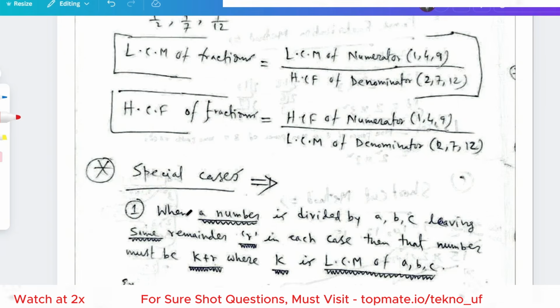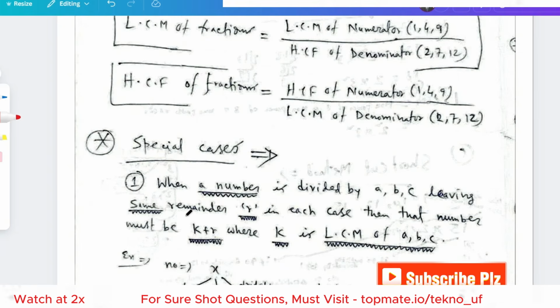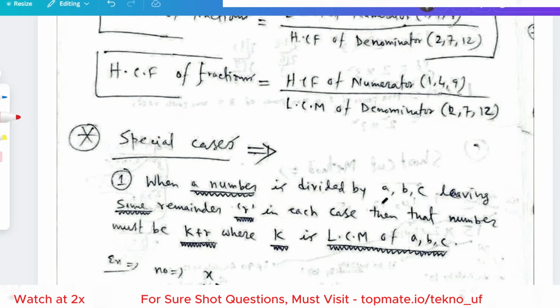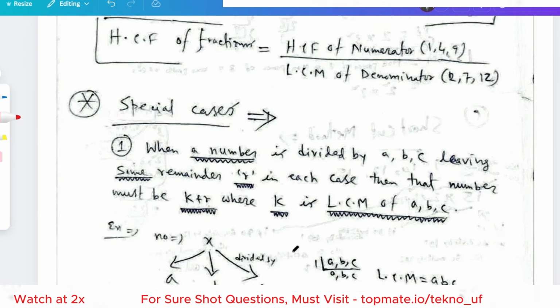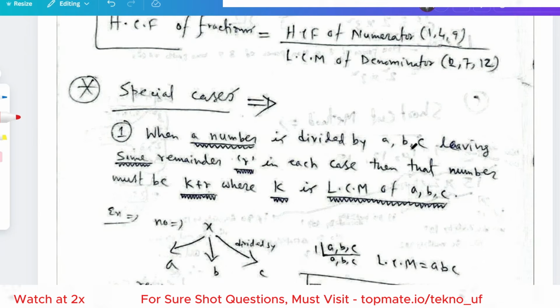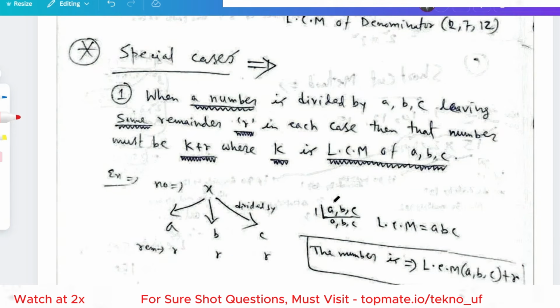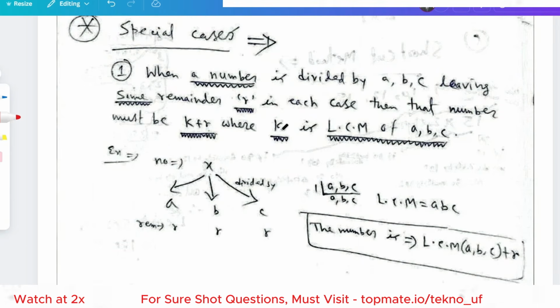The first: when a number is divided by a, b and c, leaving the same remainder r in each case, then that number must be k plus r, where k is the LCM of a, b, c. Sorry, LCM of a, b, c plus r.